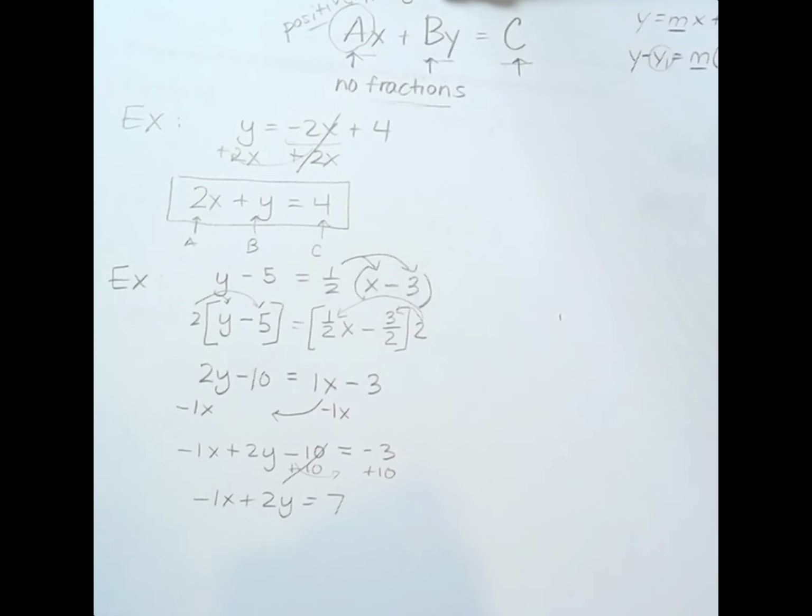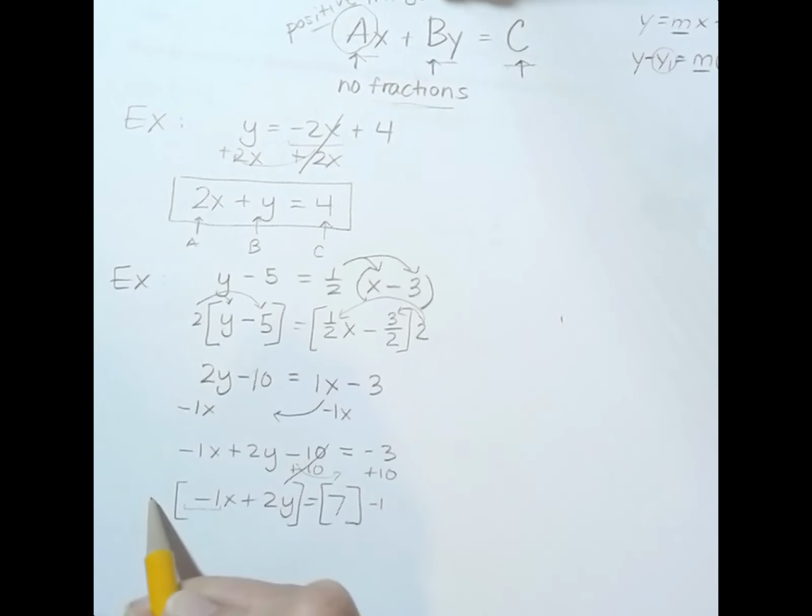And then my last step: some mathematicians say that this number should be a positive number. Some say it doesn't matter, but since I was taught that this always needs to be positive, I'm going to stick with that. So our last step, we need to get rid of this negative. What we can do is multiply both sides by -1.